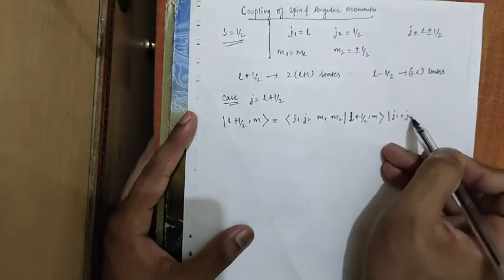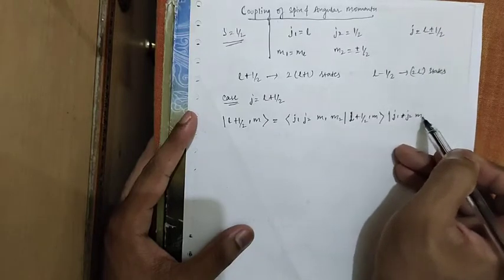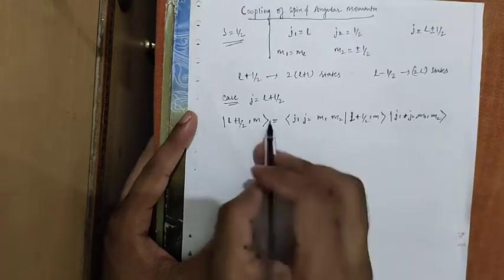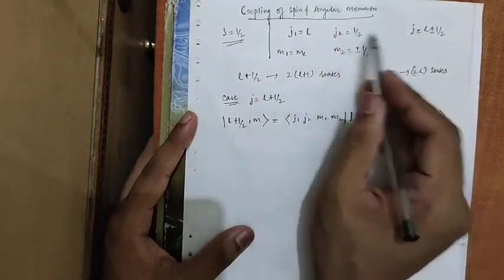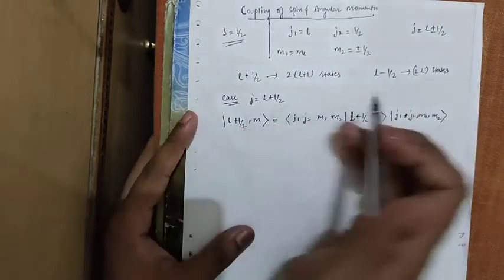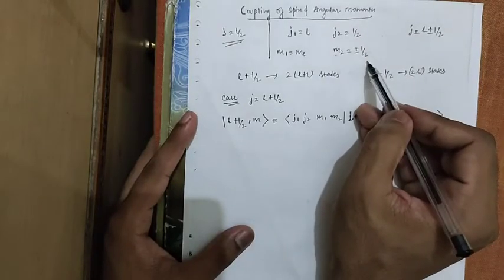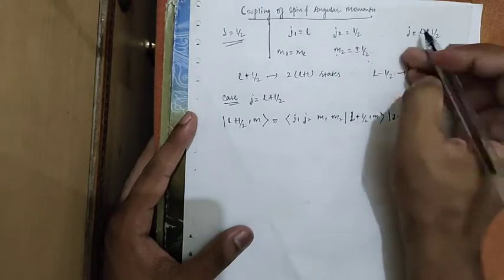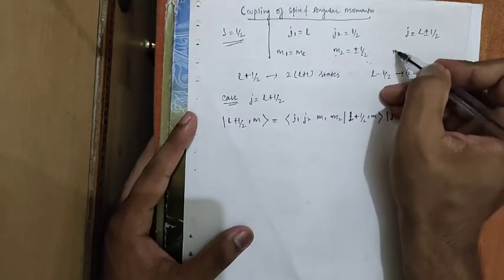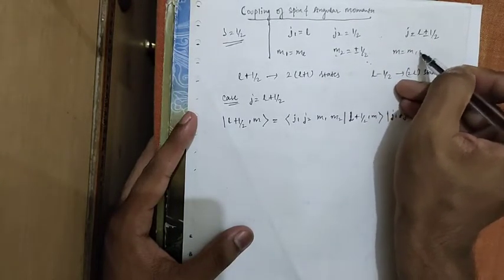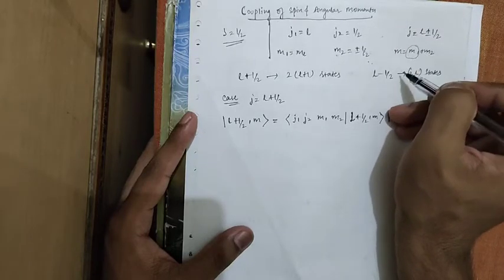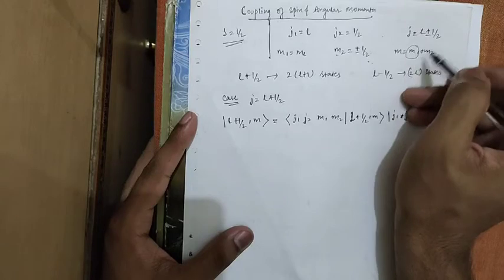Now the values of m1 and m2: as we have two values of m2, plus half and minus half, and by the selection rule m is equal to m1 plus m2, from here we can find the value of m1, which is ml.